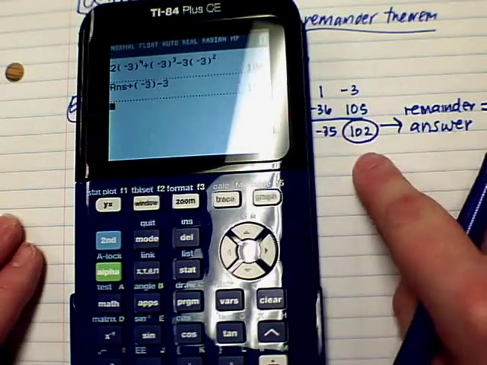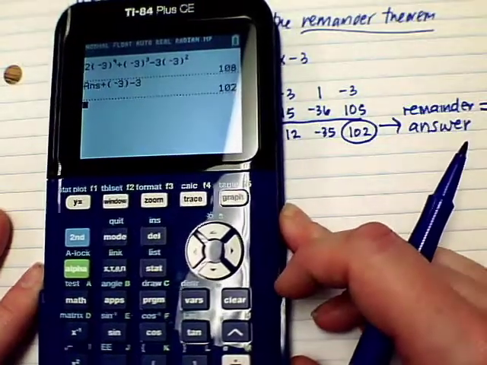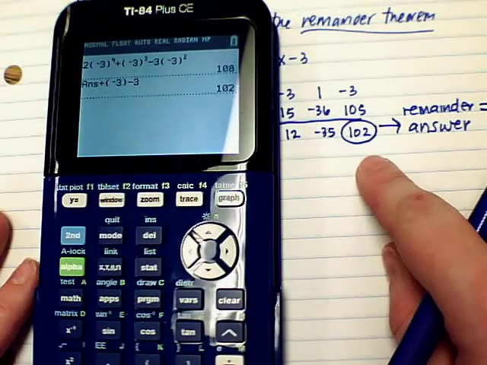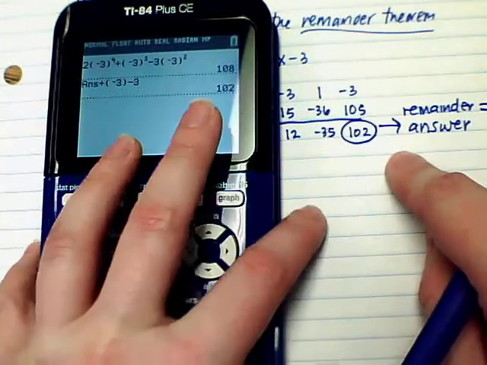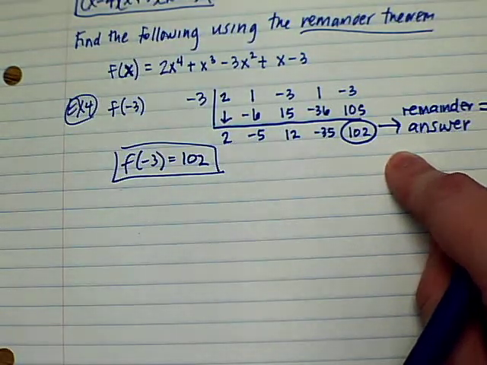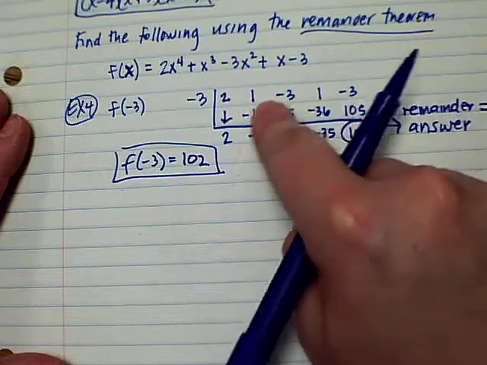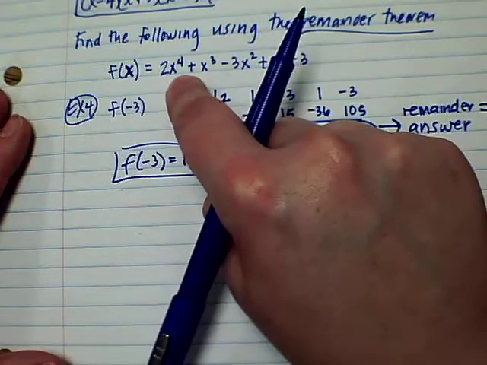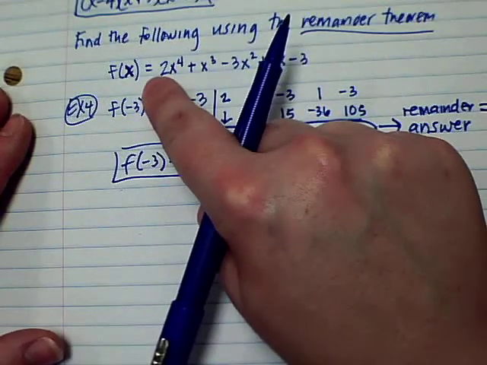And I get 102, which is what we got in the remainder. Okay, since most of this stuff is without a calculator, dealing with these numbers would be easier than doing negative 3 to the 4th power, multiplying by 2, and so forth.